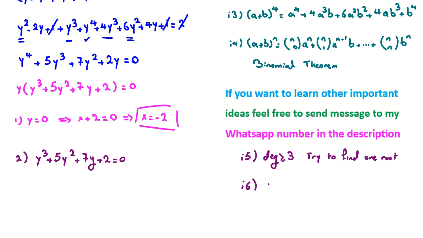Idea 6: rational root theorem, or rational zero theorem.